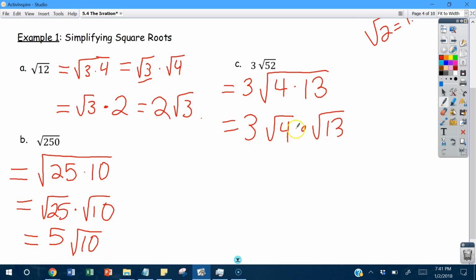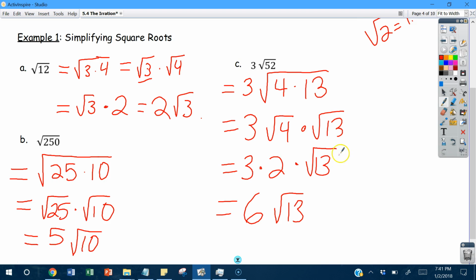The only thing I can simplify here is the square root of 4 is 2, so I can do 3 times 2 times the square root of 13. And I would be done, except on the outside I have 3 times 2, which is 6. So 6 times the square root of 13 is how this would be most simply written. So there was a factor of 4 in here that I pulled out, it came out as a 2, and I multiplied that 2 times 3 to get 6 times the square root of 13.